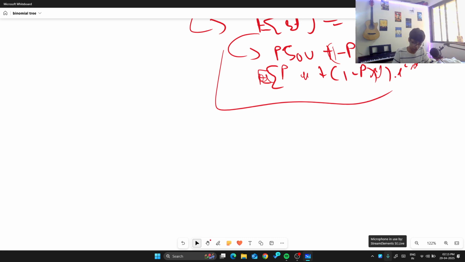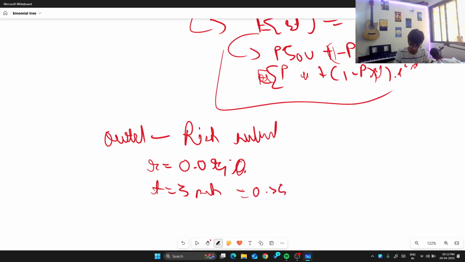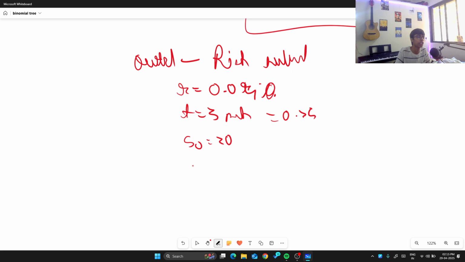Okay, so let's take our old example with the risk neutral approach. Our risk free rate is 0.04, T is 3 months, that is 0.25, and S0 is 20.